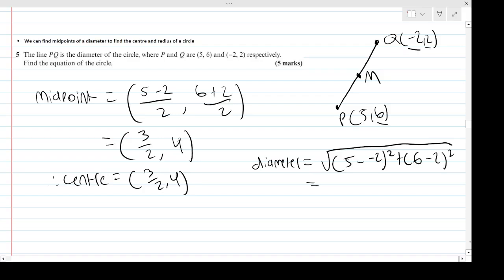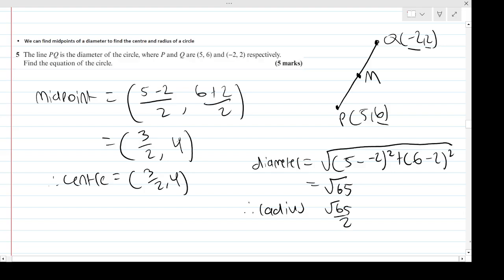Put that in the calculator, you get the distance between the points to be, well, 5 minus minus 2 is plus 2, so that'd be 7, all squared, plus 6 minus 2 is 4 squared, so that's root 65. That's the diameter, therefore the radius is half the diameter, remember? So half of this is root 65 over 2.